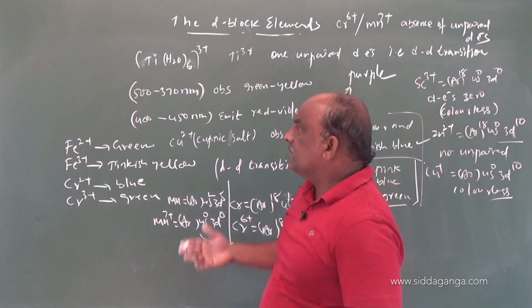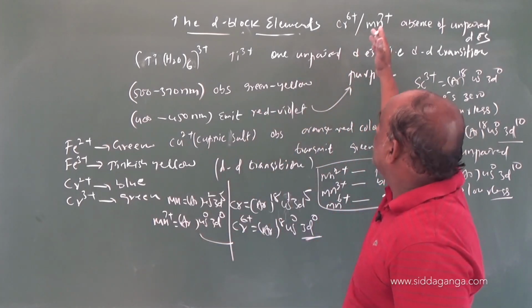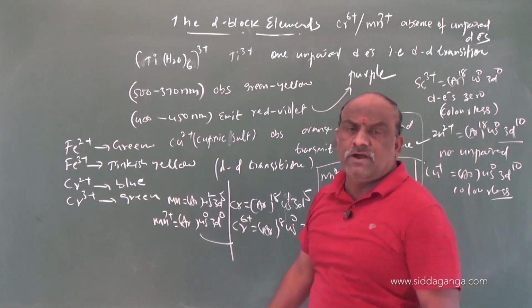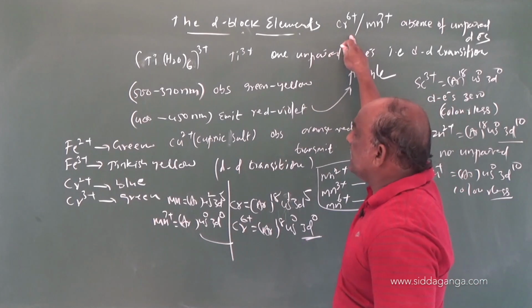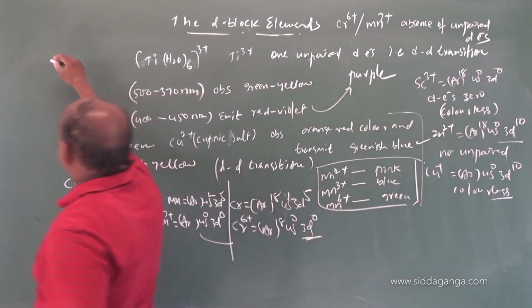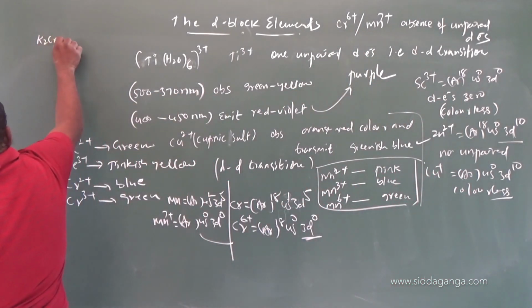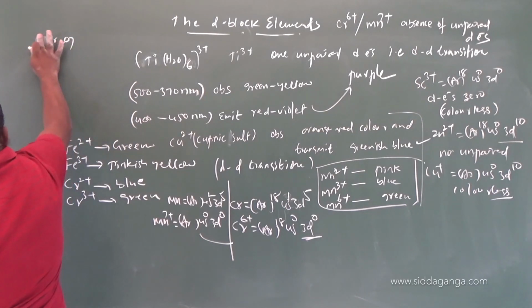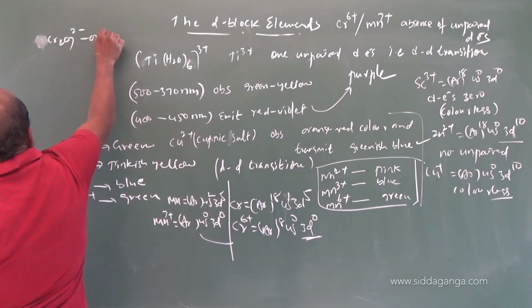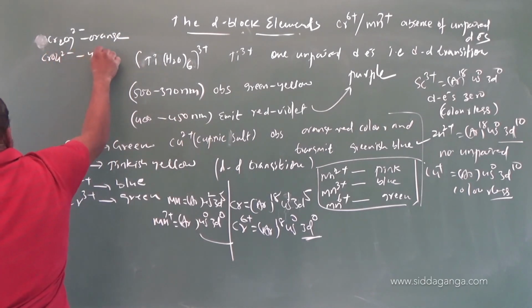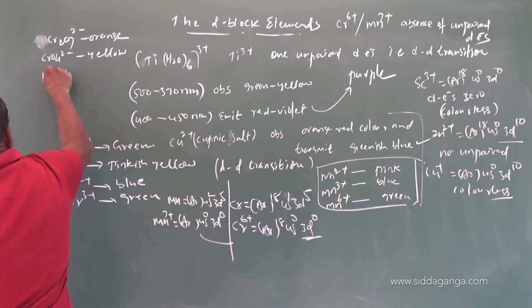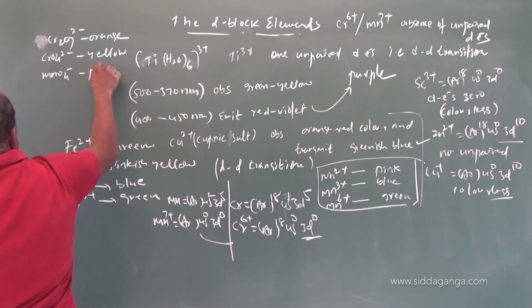But they can form some oxo anions. What are the oxo anions? For example, K2Cr2O7: Cr2O7 2- is orange color, CrO4 2- is yellow color, and MnO4- is purple color.